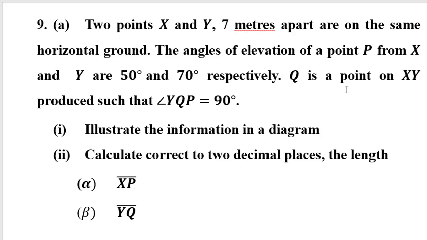Q is a point on XY produced such that angle YQP is equal to 90 degrees. I'm interested in this particular statement.